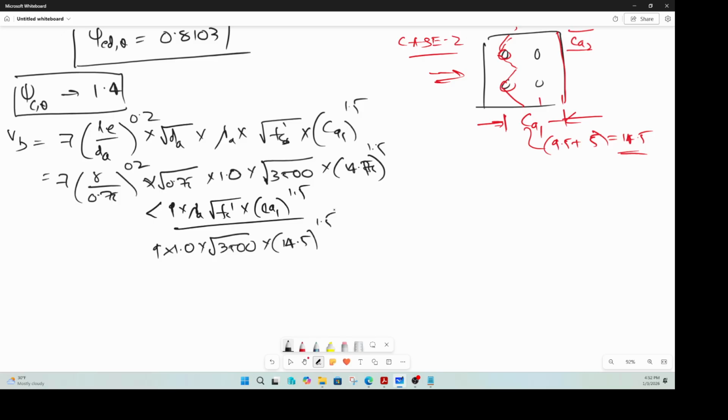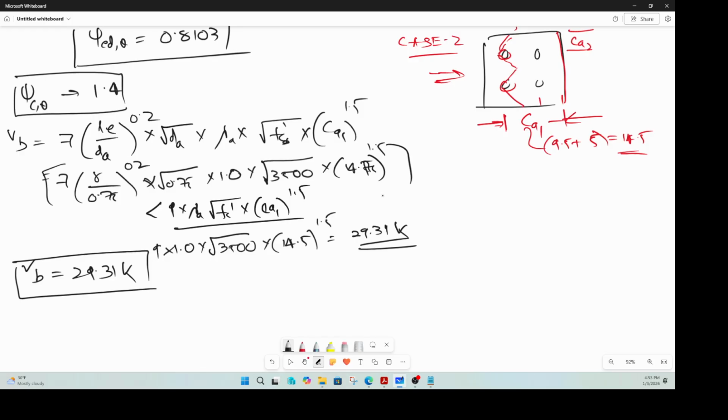Yes, so that is 29.39 kips. So Vb is 29.31 kips, because this is smaller than this entire thing here.